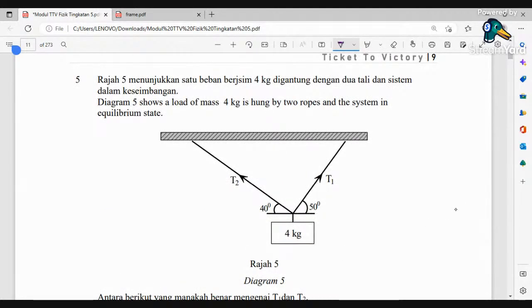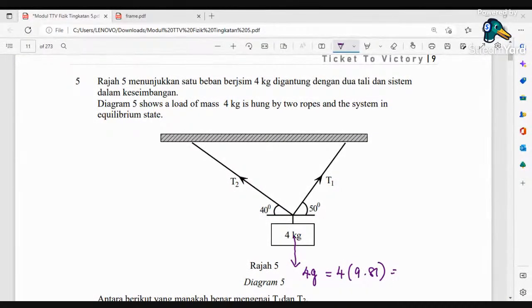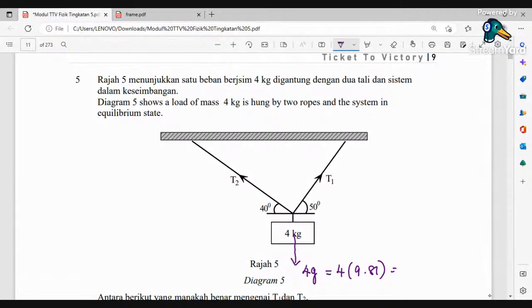Okay, let's try to look at this one. 4g, or 4 times 9.81, is 39.24.